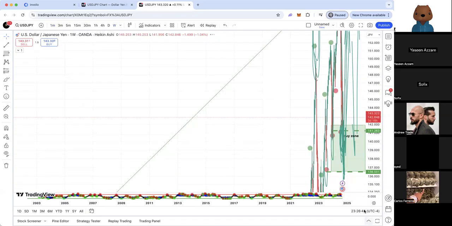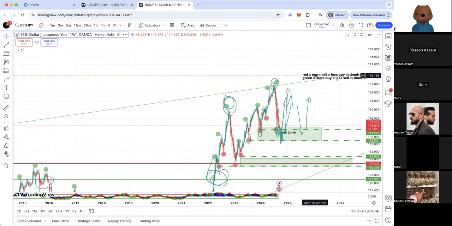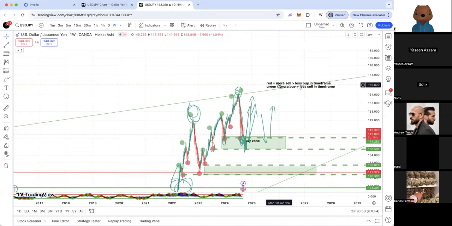When you're looking at the candle, you're looking at the volume, essentially. The candle is the amount of volume that's happening within that time frame, and the color tells you whether there are more buyers or sellers. The volume is the exchanging of money. People are exchanging the US dollar for Japanese yen, exchange, exchange, exchange.